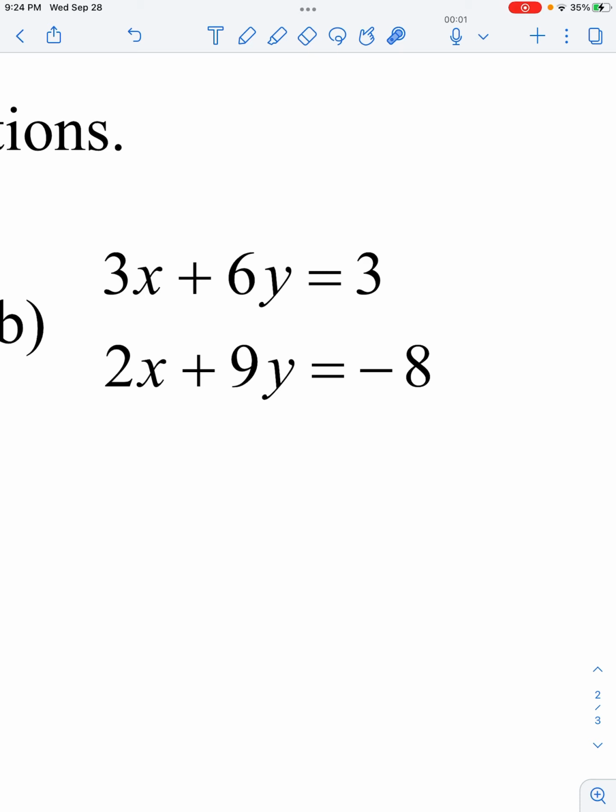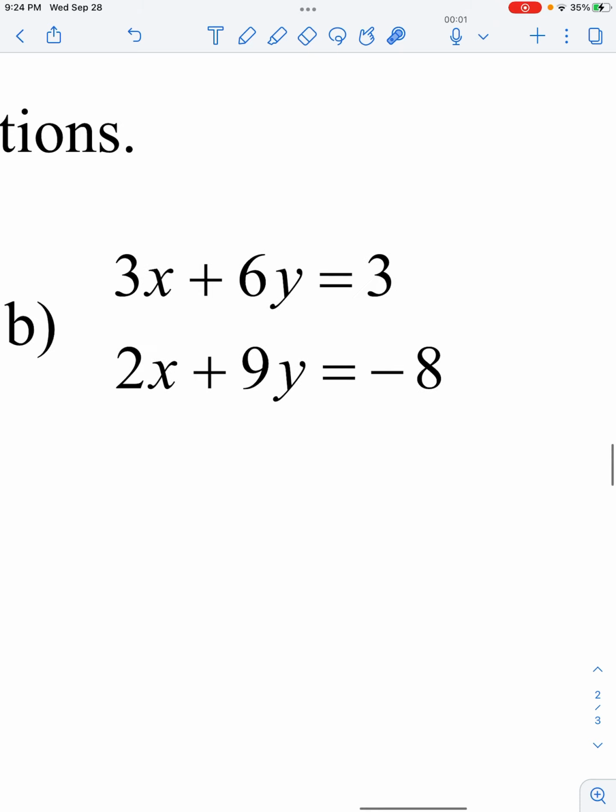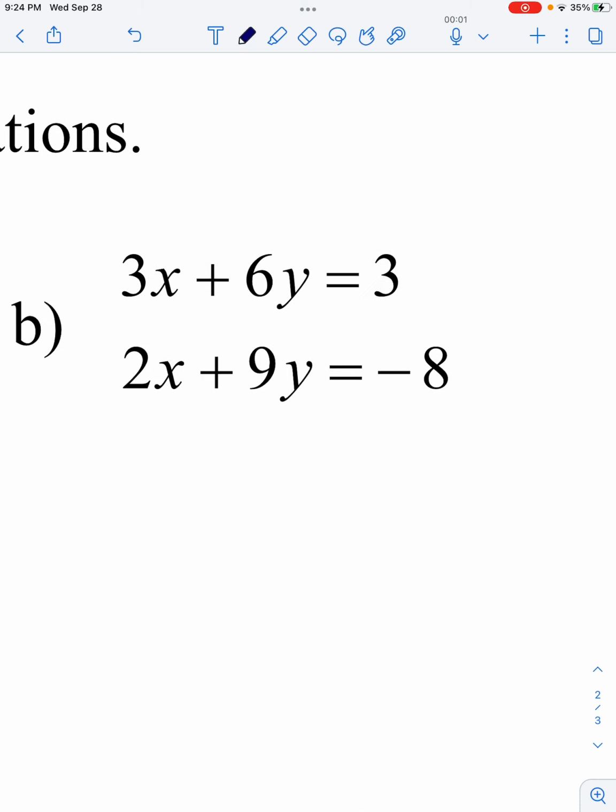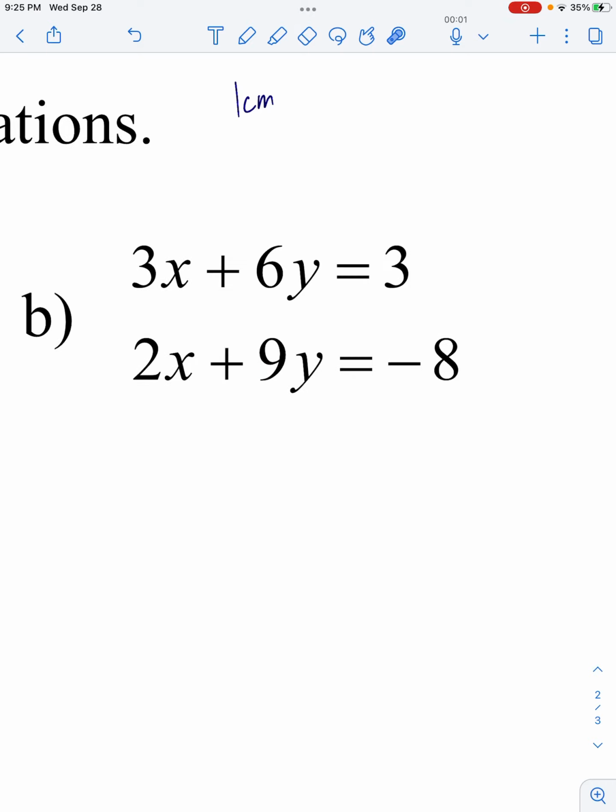So let's think about this. Do you guys remember the least common multiple from middle school? Least common multiple, LCM. When I'm looking at these four numbers, I'm looking at the vertical pairs of coefficients that I'm circling. I'm thinking, what can I multiply 3x by and then 2x by, such that when I add this column up, it just cancels?